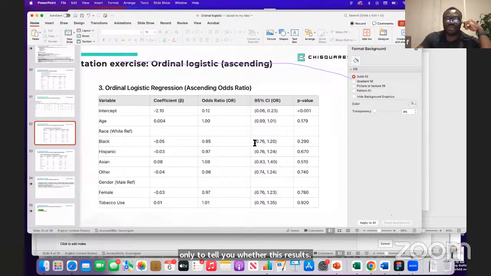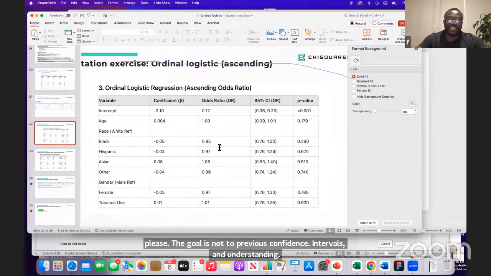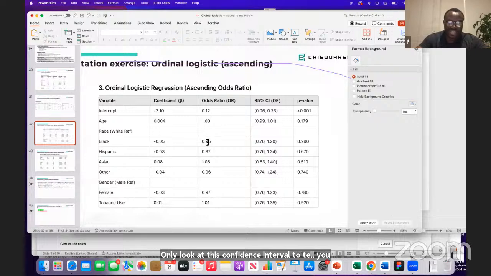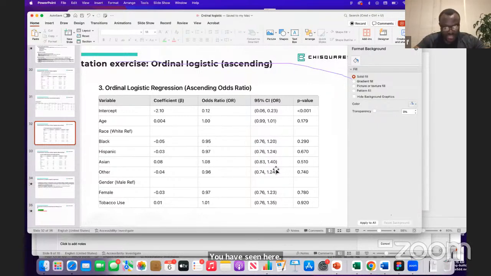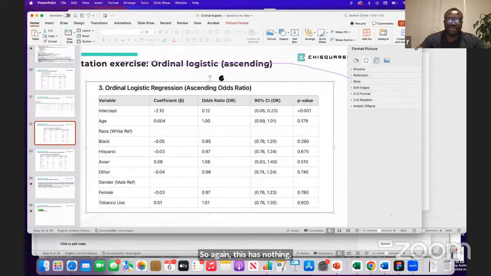So the goal is not to interpret this confidence interval in an ascending or descending way. Only look at this confidence interval to tell you whether the result you have seen here is significant. So again, this has nothing to do with the direction of the ordinal regression. This is the only use, to tell you whether this result you have observed is statistically significant or not.